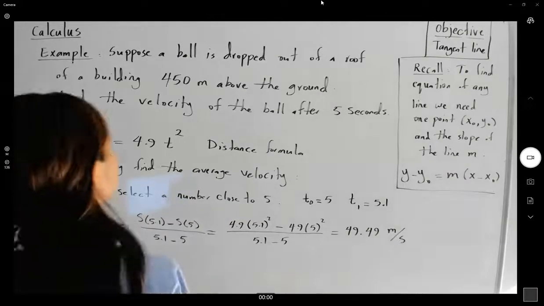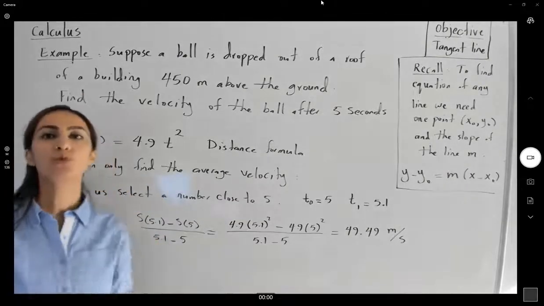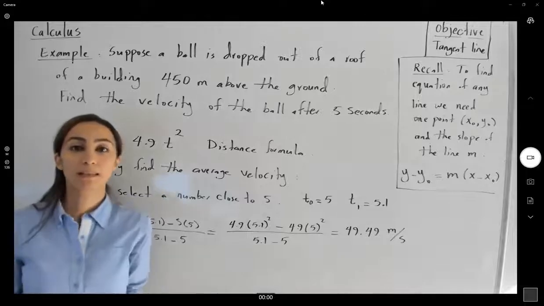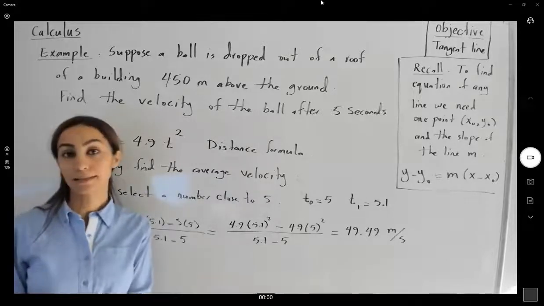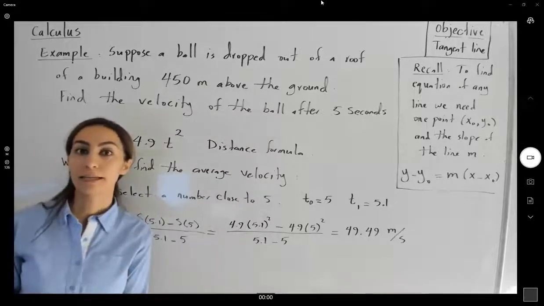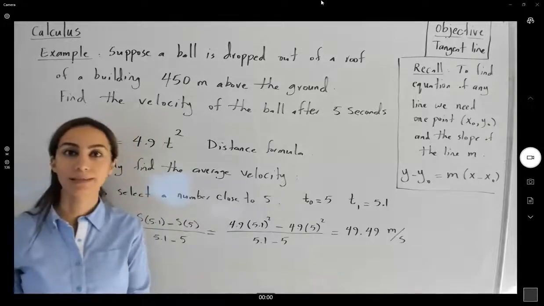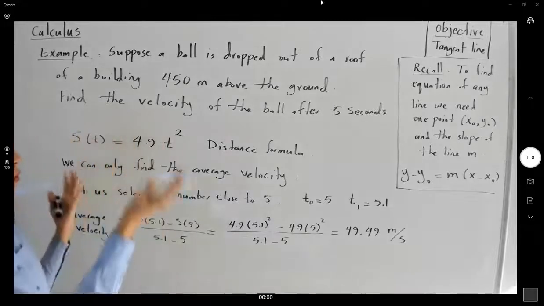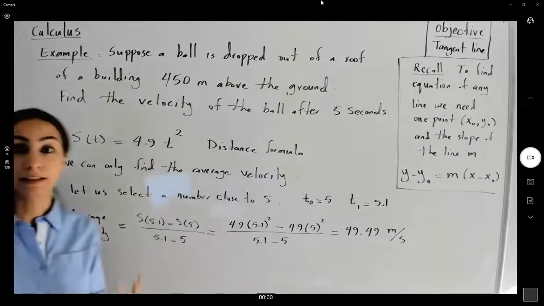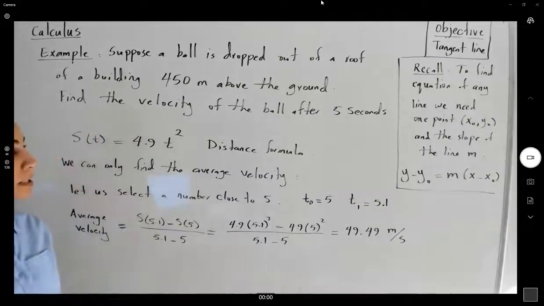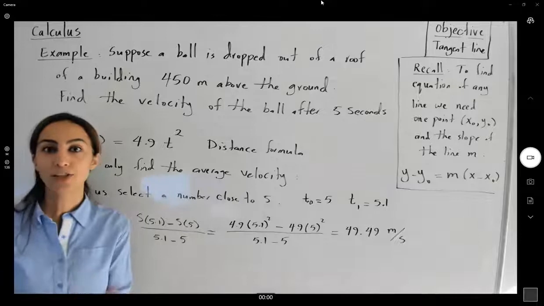So as you can see, we need a new tool, a new technique to help us find the instantaneous velocity, the instantaneous rate of change, the instantaneous speed, or to find the slope of the tangent line.